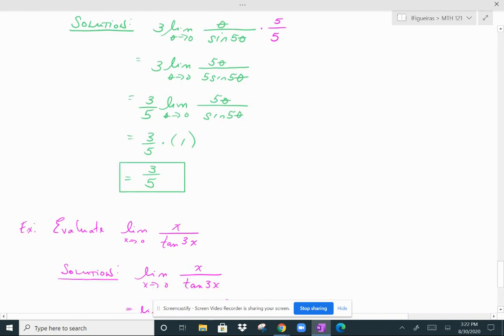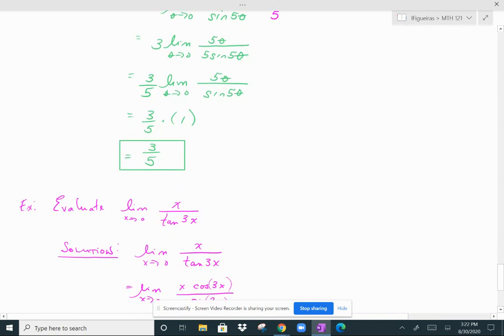All right, here's another. We want to evaluate the limit as x approaches 0 of x over tangent of 3x. Now this one looks quite different because the definition that I gave above has to do with sine. This one has a tangent function in it. I cannot apply direct substitution because tangent of 0 is 0.